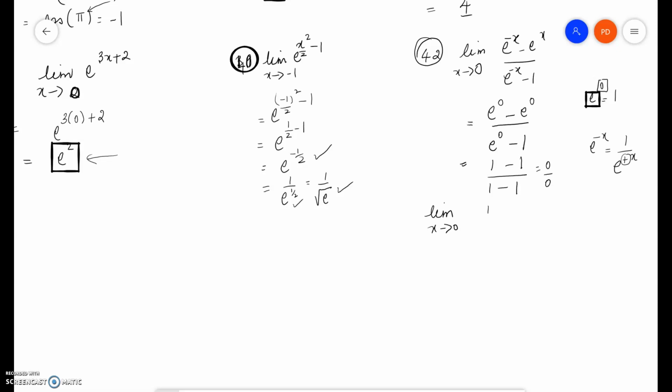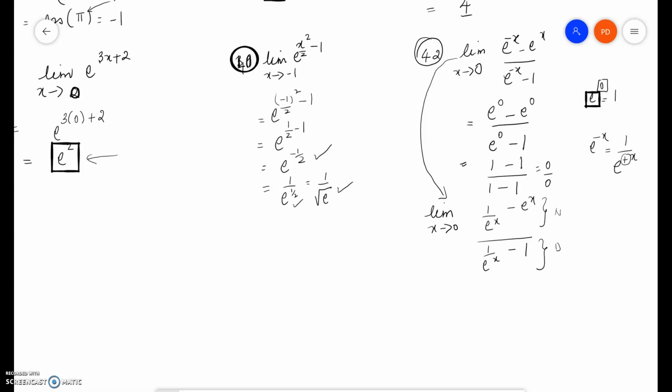So e to the negative x is 1 over e to the x, minus e to the x, over 1 over e to the x minus 1. So the numerator is that, and this is the denominator.